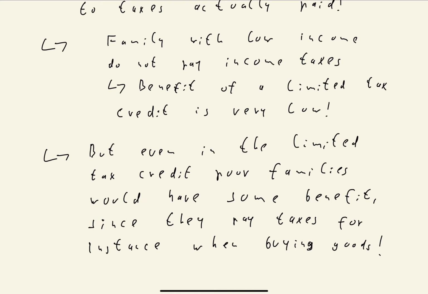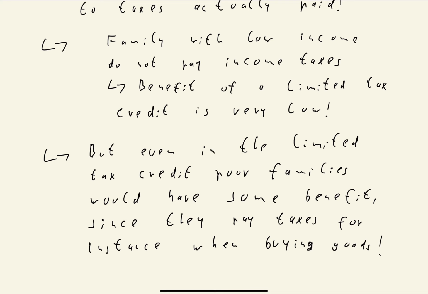But as I said before, since they're not paying any income taxes, if you limit it to the total amount, the benefit that you would get is much lower than in a situation where they would have a fully refundable tax credit.